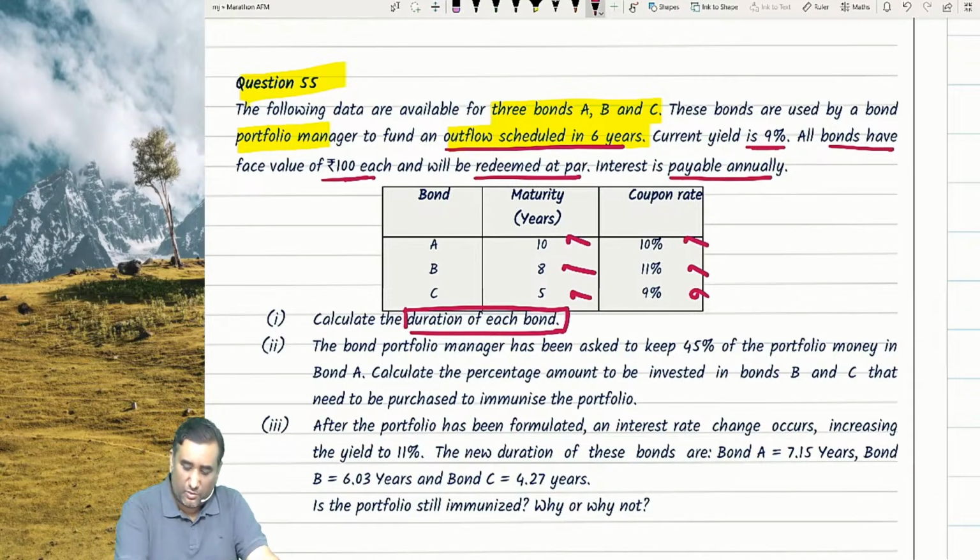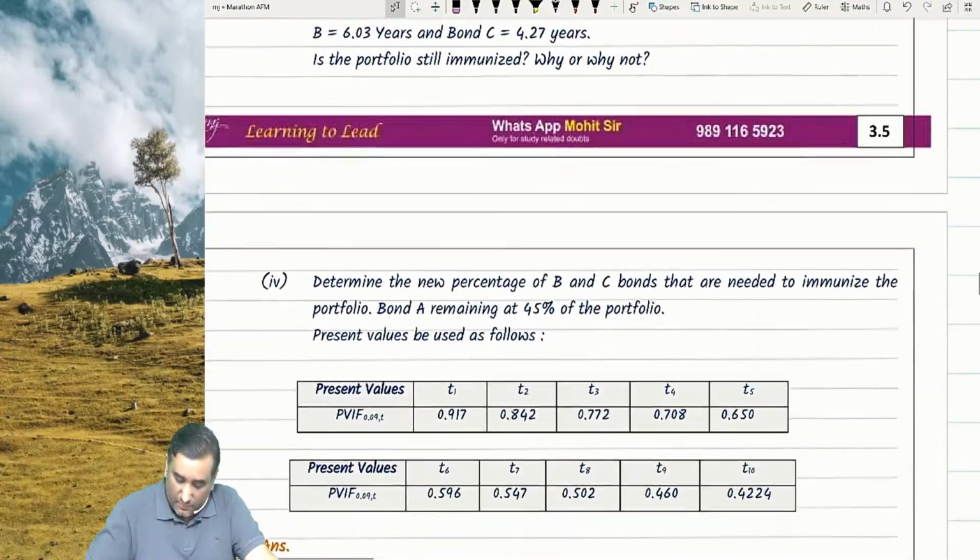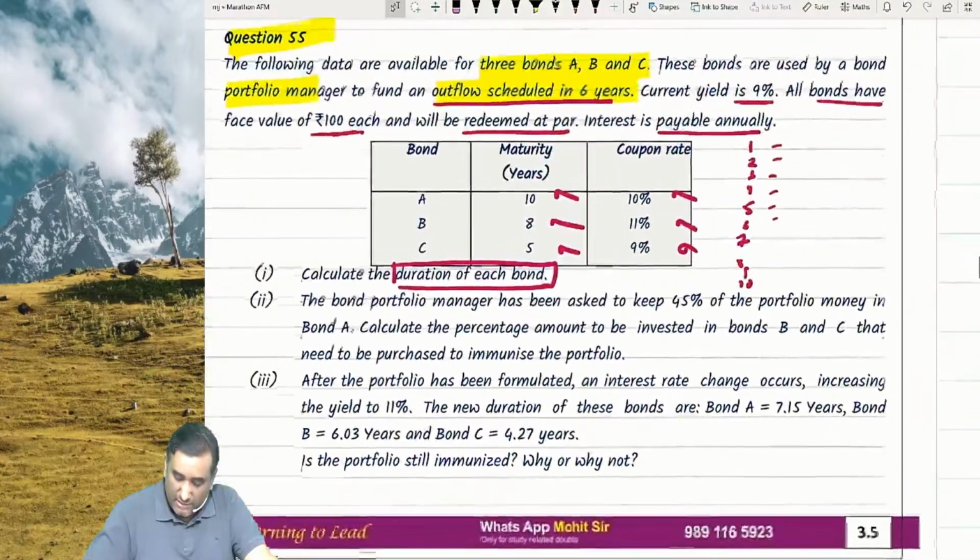The 10-year duration, how do we do it? This way: 1, 2, 3, 4, 5, 6, 7, 8, 9, 10. Cash flows, cash flows, cash flows. The factors are also given in the book.